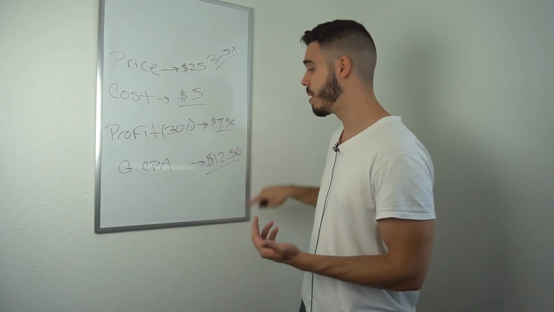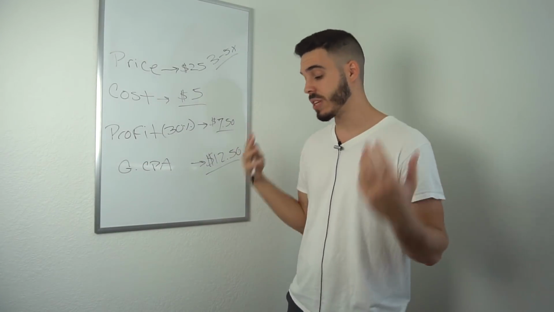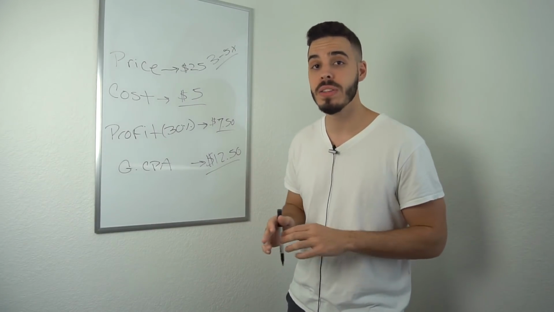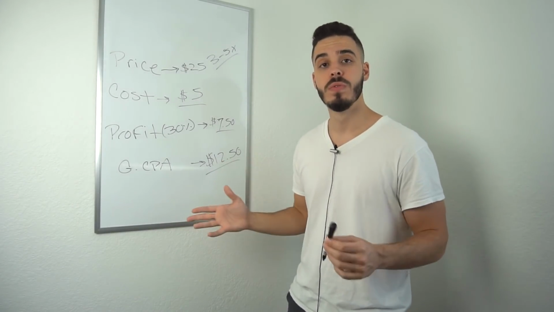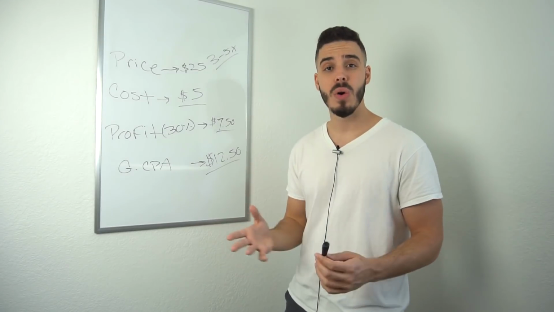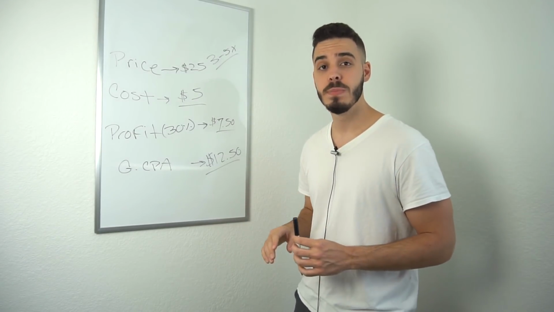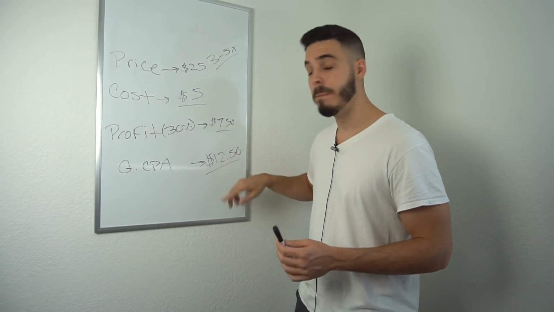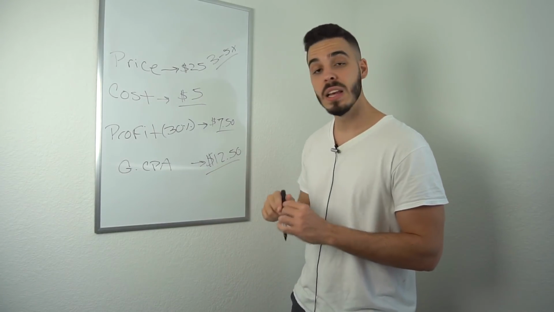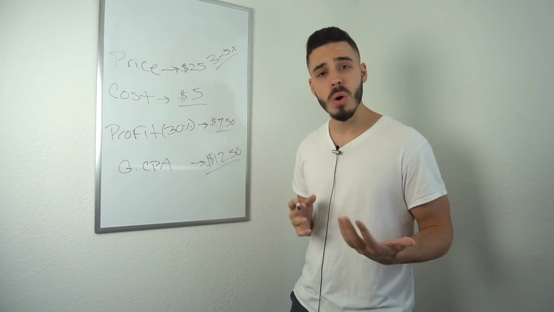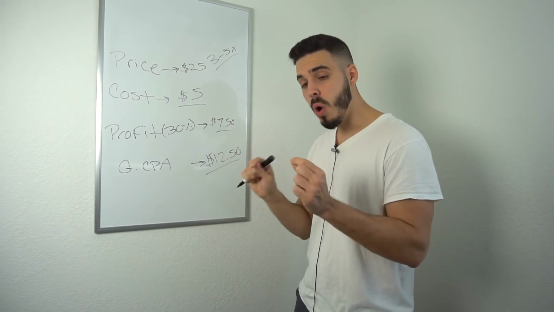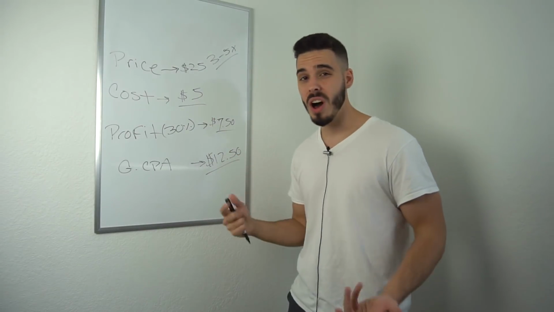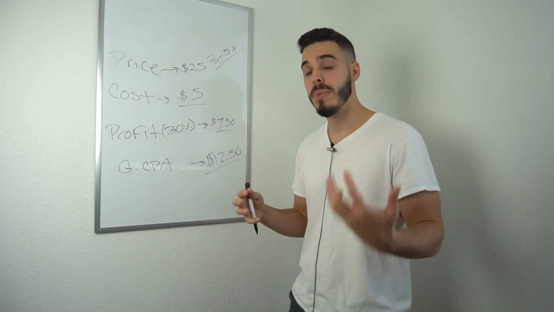So now that I have this number, not only am I ahead of 99% of the people out there who are running ads and trying to put products out there, but I know what to shoot for. So when I start running my Facebook ads, I know that my goal is $12.50, but from $12.50 to $20, I'm still profitable.